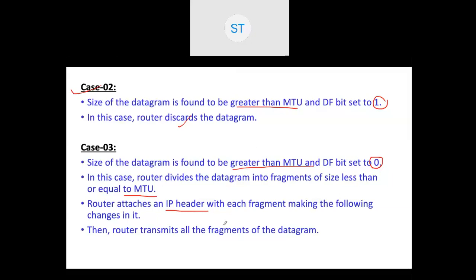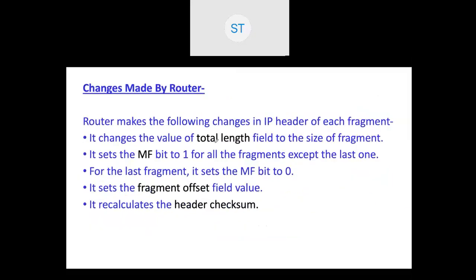While doing this, it changes the total length, because depending upon the payload size, the total length gets changed. It sets the MF bit to 1 because more fragments are coming. Only the last fragment is 0.